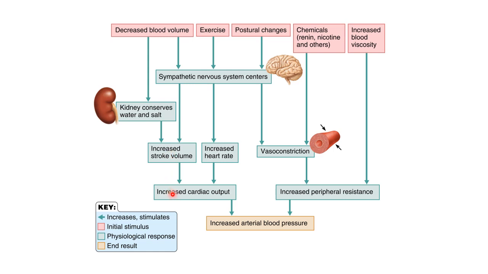And so the cardiac output or the amount of blood pumped by the heart in 1 minute goes up. And that will translate to increased arterial blood pressure. Nagsimula tayo with low blood pressure and we ended up with high blood pressure back towards the normal. Okay, so that is homeostasis.